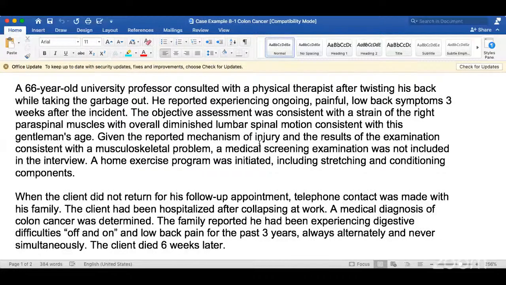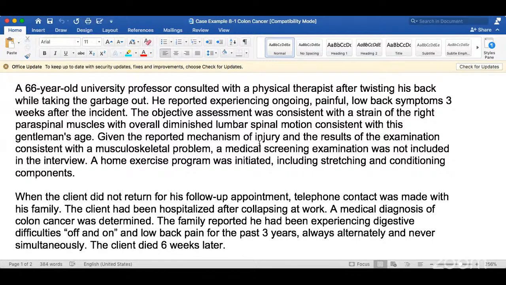Given the reported mechanism of injury and the results of the examination consistent with the musculoskeletal problem, a medical screening examination was not included in the interview. A home exercise program includes stretching and conditioning components. When the client did not return for his follow-up appointment, telephone contact was made with his family.